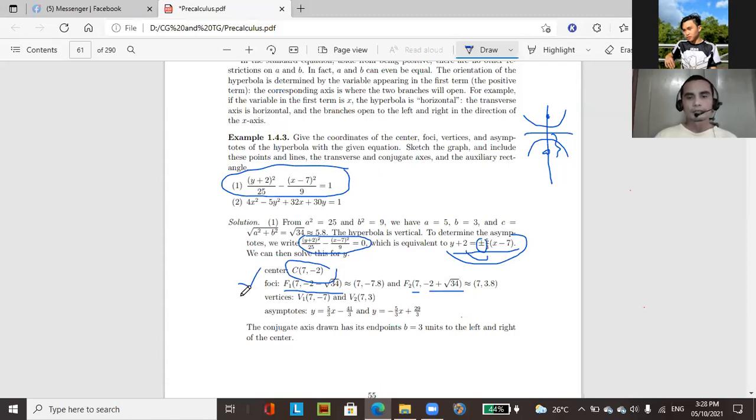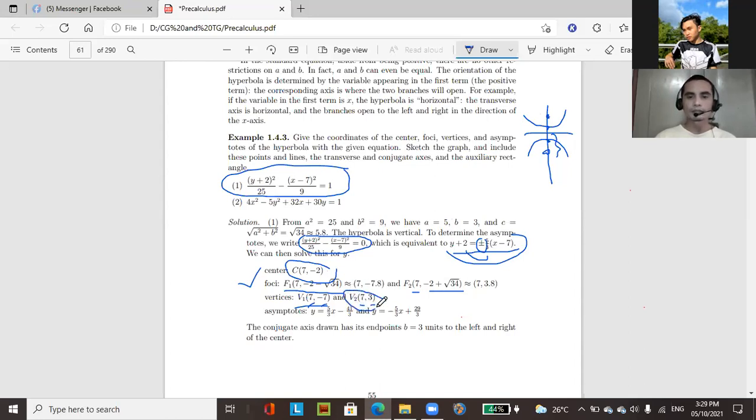For the vertices, the vertices are a away from the center. So for V1 we subtract. You have 7 as the x coordinate, then negative 2 minus a, where a is equal to 5, so negative 2 minus 5 is equal to negative 7. So that is our V sub 1. For our V sub 2, since it is above, therefore we add. So you have 7 and negative 2 plus 5, you have positive 3.